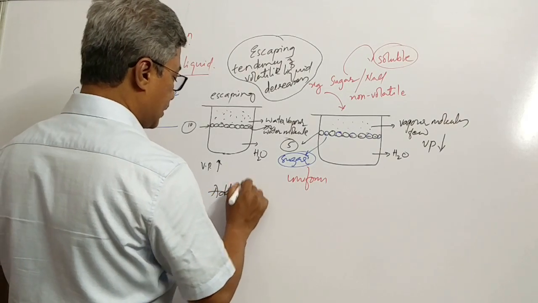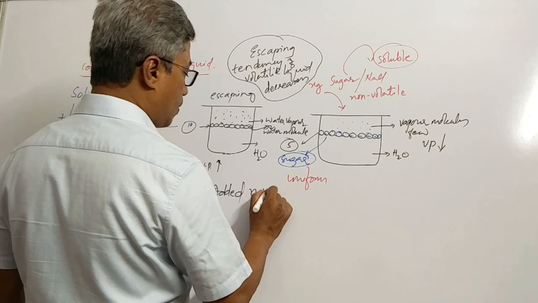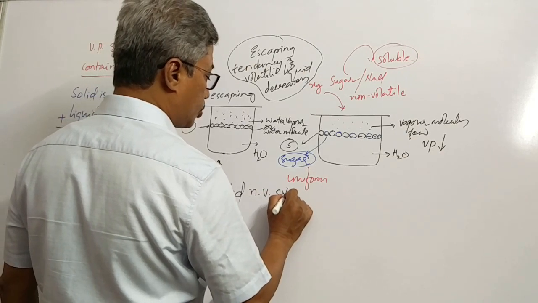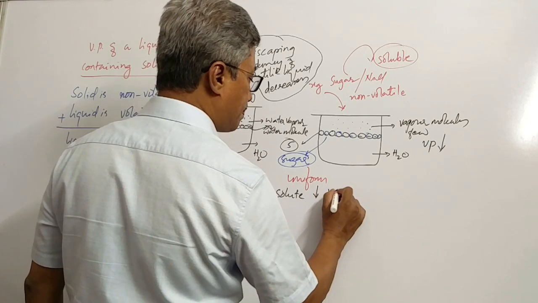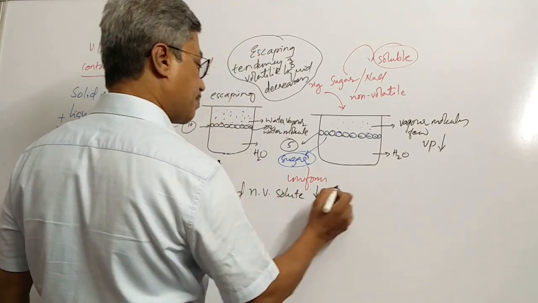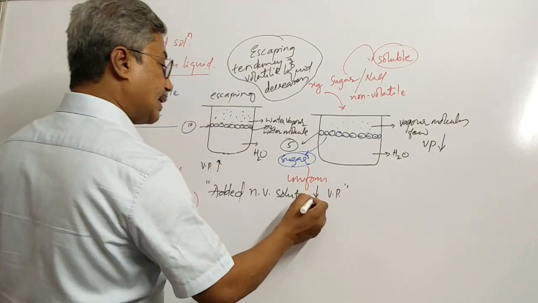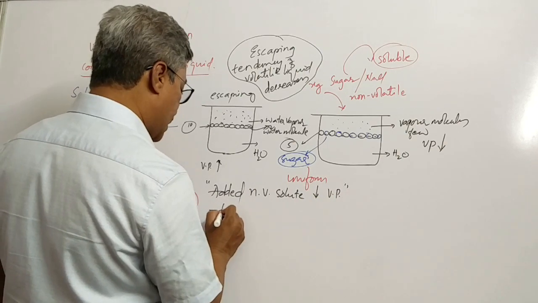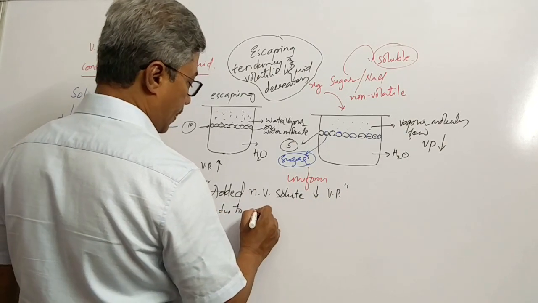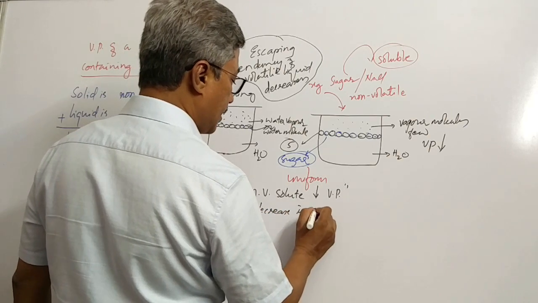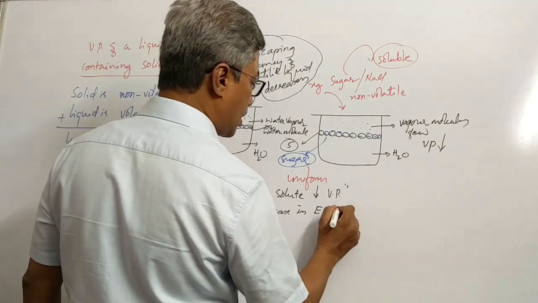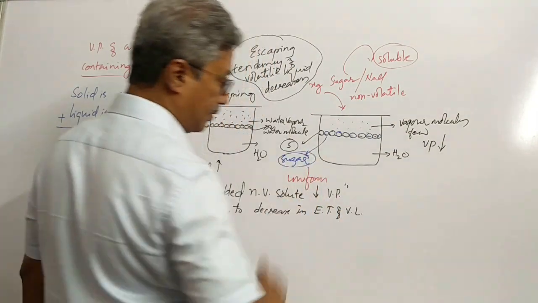what we can conclude is that an added non-volatile solute decreases vapor pressure. This is very much important. This decrease in vapor pressure is due to the decrease in escaping tendency of the volatile liquid.